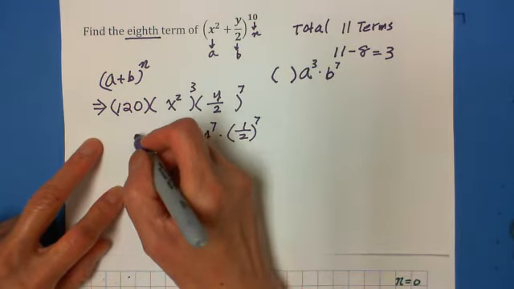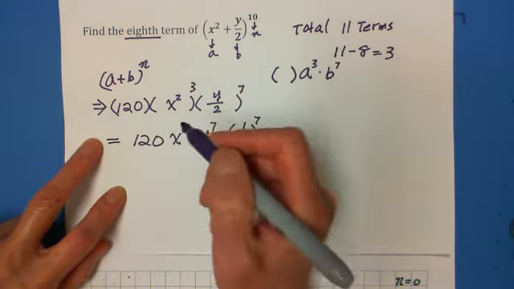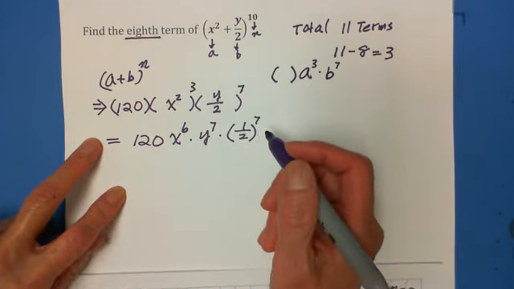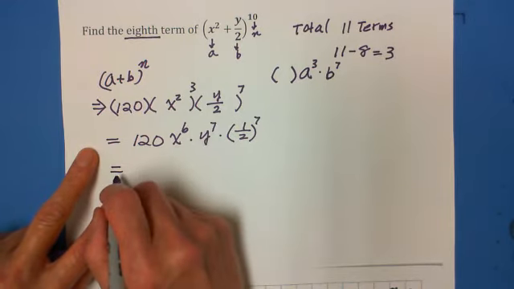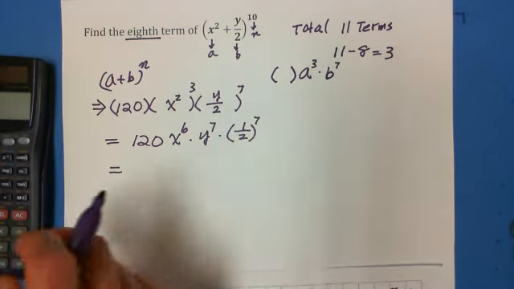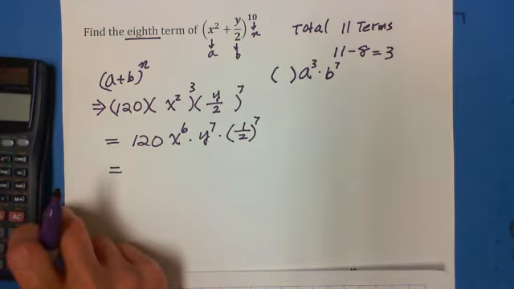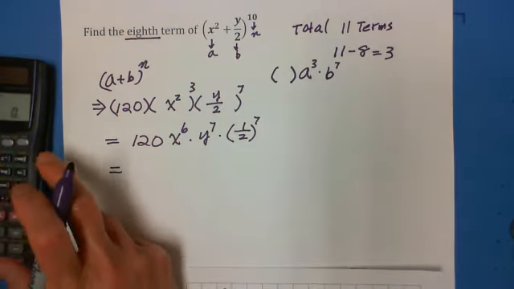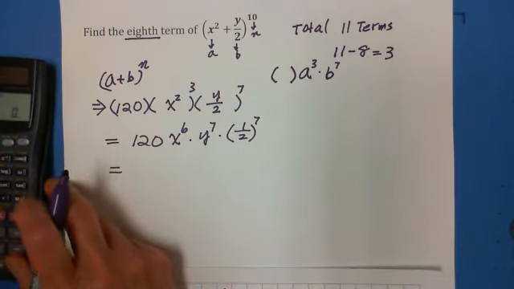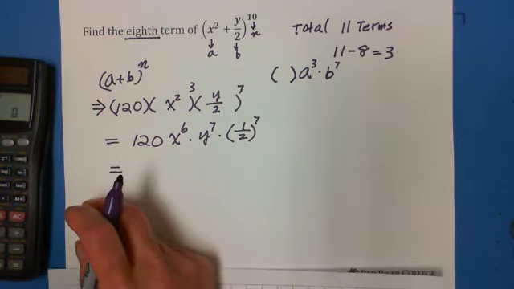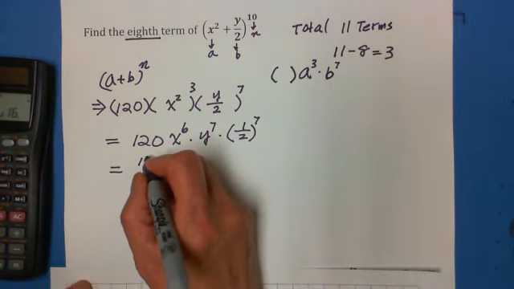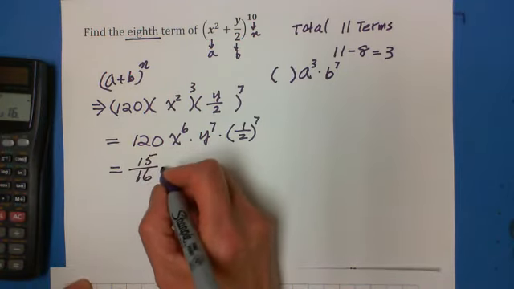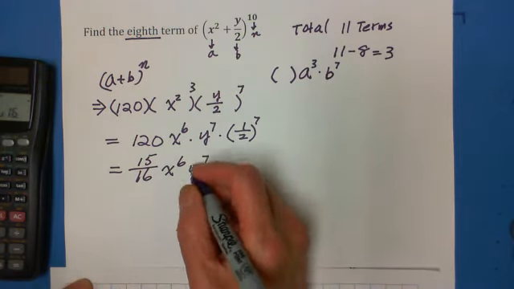Then this 120 times 1 over 2 to the 7 exponent, we can calculate and simplify, and we get 15 over 16, x to the 6, y to the 7.